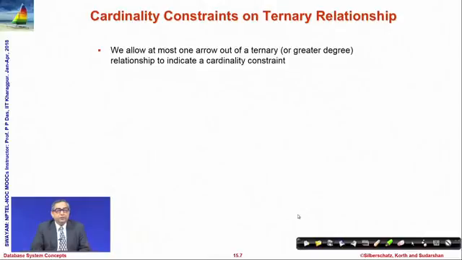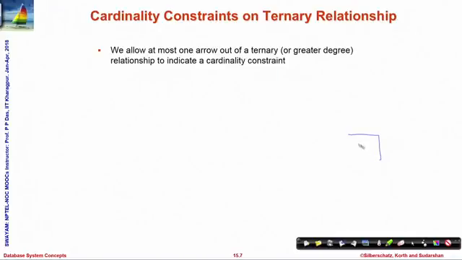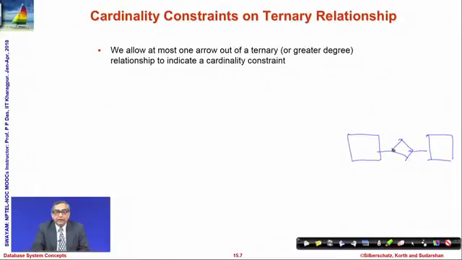Now, we have talked about cardinality constraints on binary relationships: one to one, many to one, one to many and many to many. If we have a binary relationship, say this is one entity set and this is another entity set, and we have a relationship, then if we just connect them, it means a many to many relation.